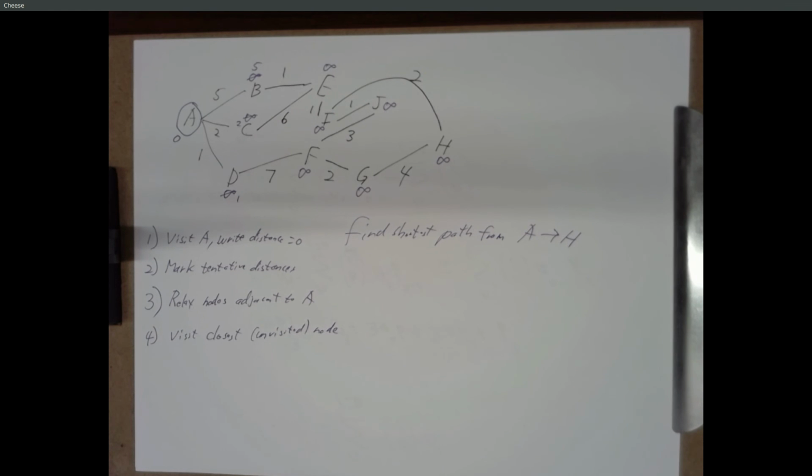So you relax this first, right? This probably should have been circled when you visited it. Right, okay. And then you relax everything adjacent to here, so this should change to 8, right? Before you do anything up here or over there.